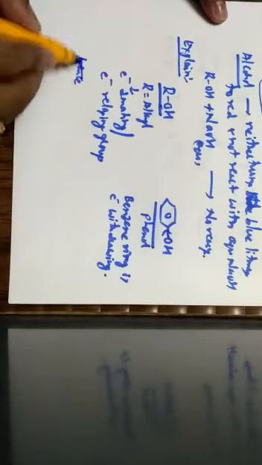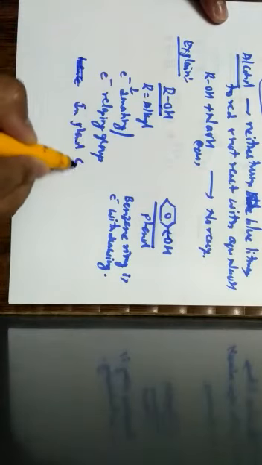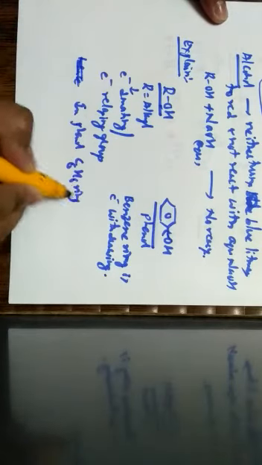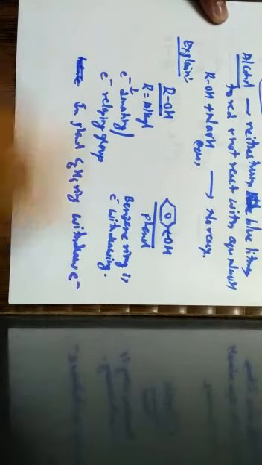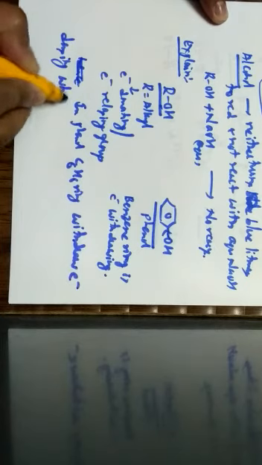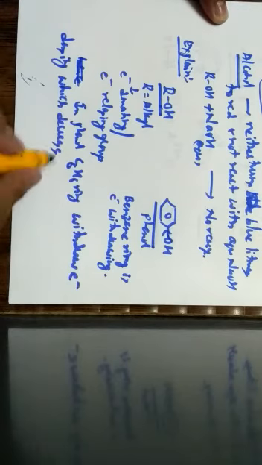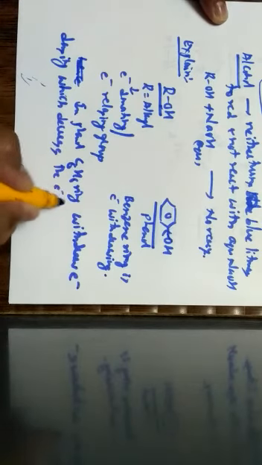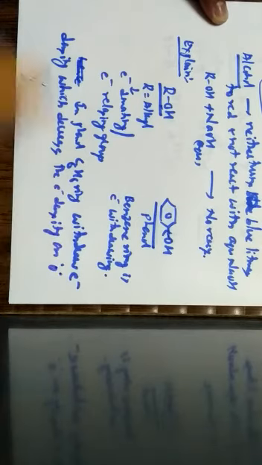So in phenol, as the benzene ring withdraws electron density towards itself, I'll write it as, in phenol, the benzene ring withdraws electron density, which decreases the electron density on the oxygen atom.